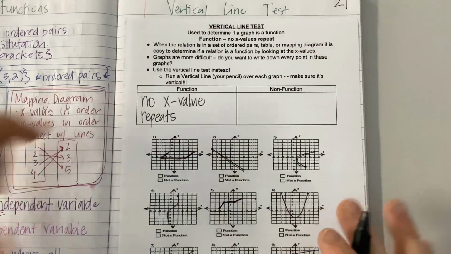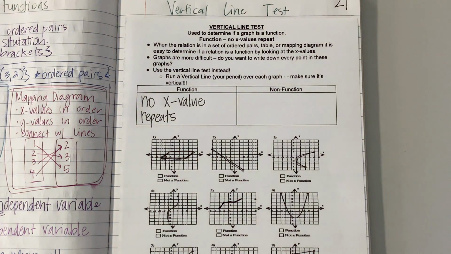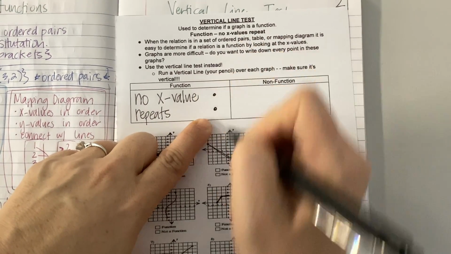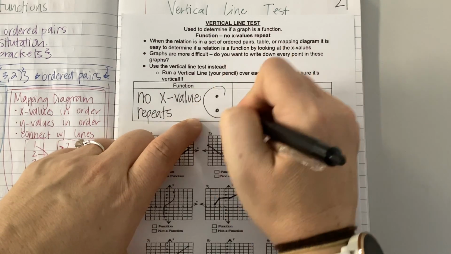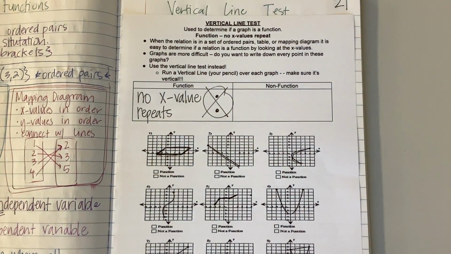Does that make sense? I don't love that the definition uses a negative term in it. So maybe you could say all x values are different. But it's really nothing repeats. So you cannot have a dot above a dot. There is no dot above a dot.